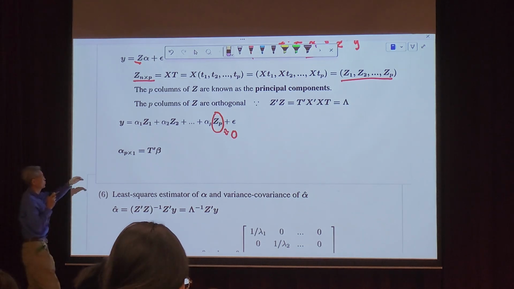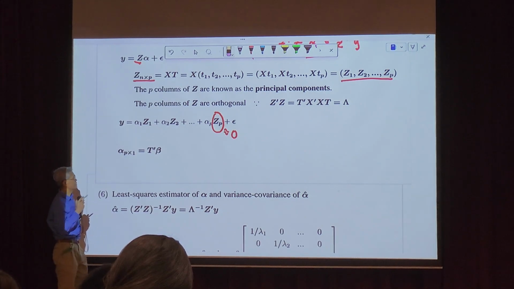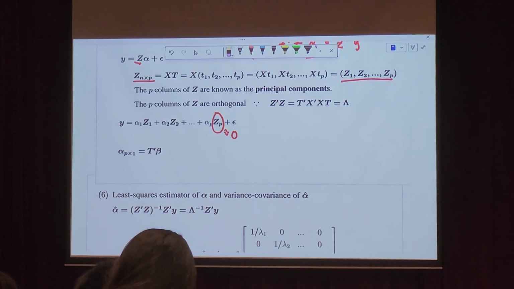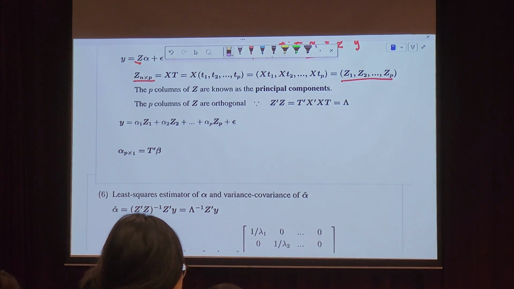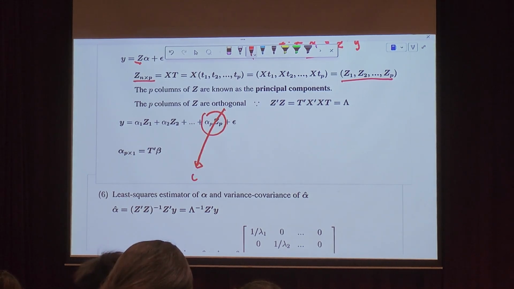If I were to solve for alpha, there will be a problem. So what I need to do is to drop this. Just drop this. Set everything to 0.